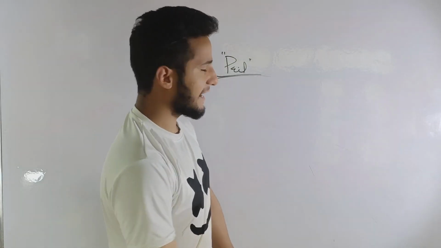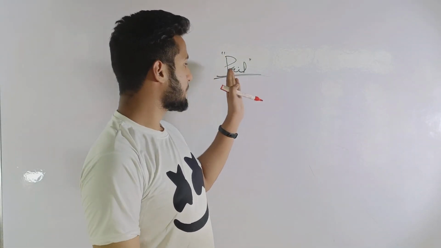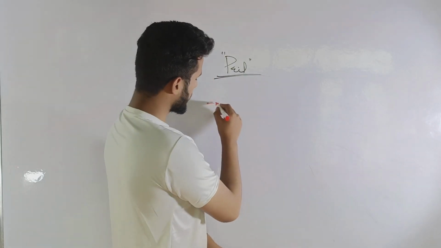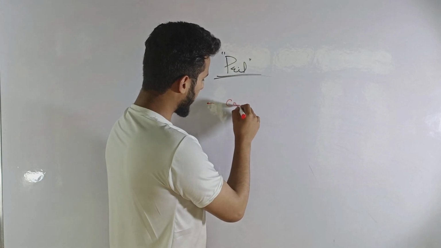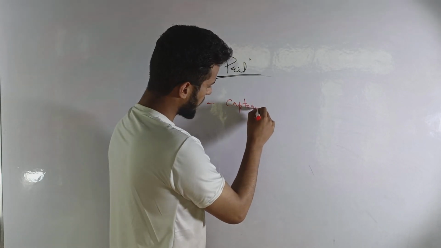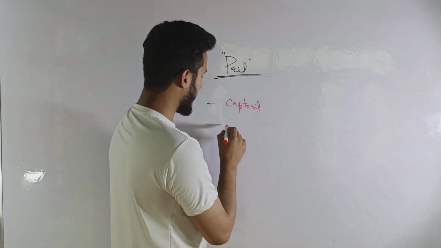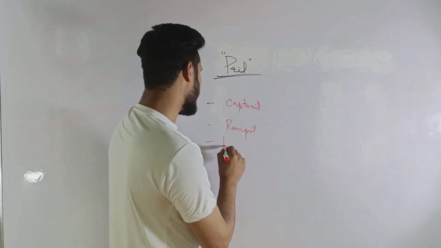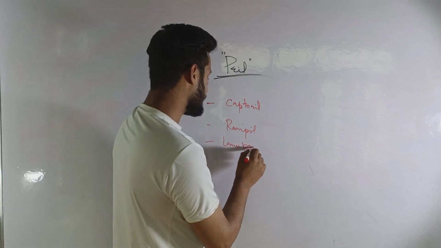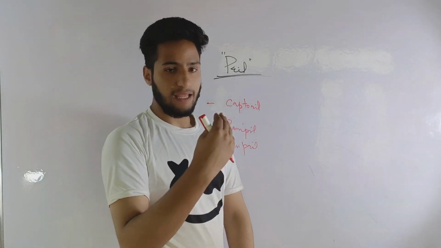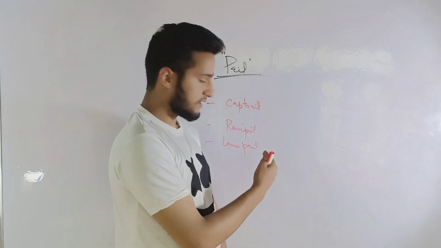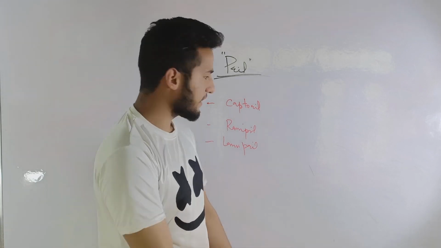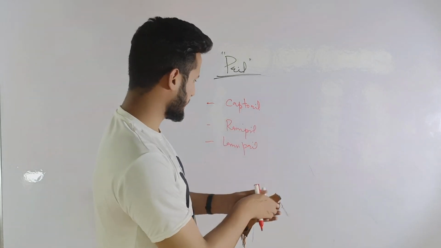Any drug or medicine that contains pril as a suffix, we have drugs like captopril, ramipril, lisinopril, benazepril, and enalapril. There are a number of drugs that contain pril.